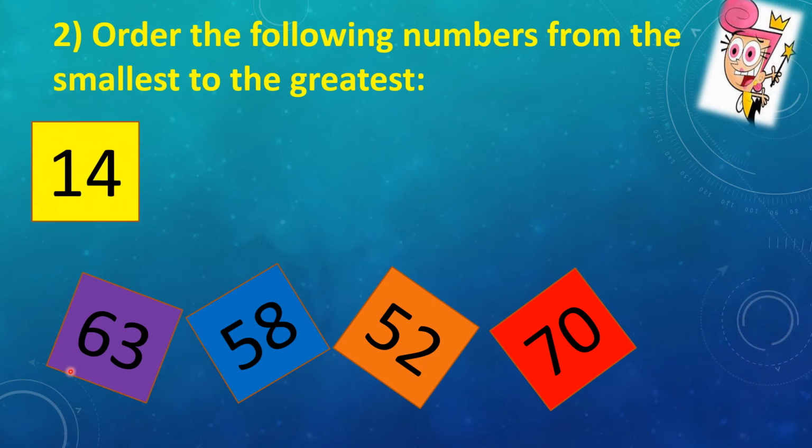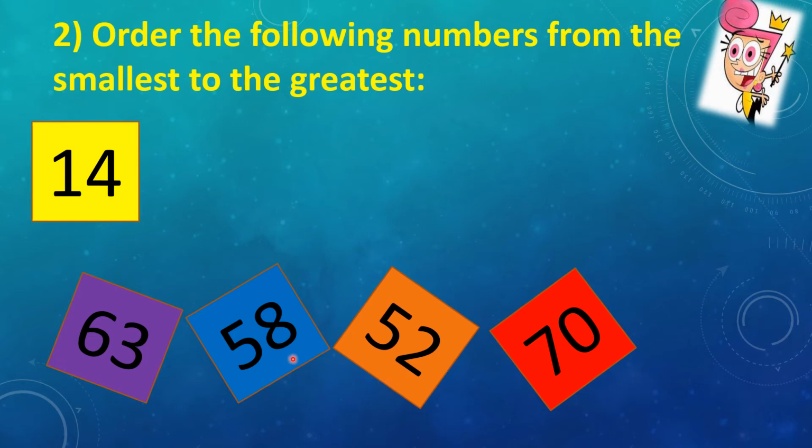14 is the smallest number. Now we have 6, 5, 5, and 7. Which is the smallest? 5. But we have 58 and 52. What shall I do if we're comparing numbers with the same tens digit?